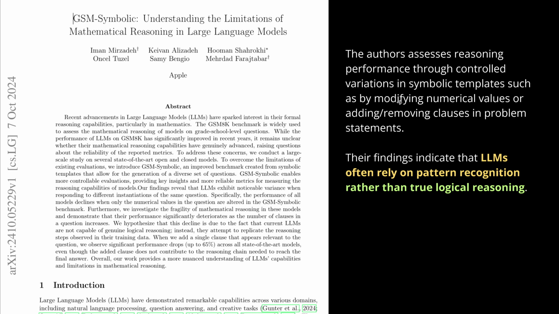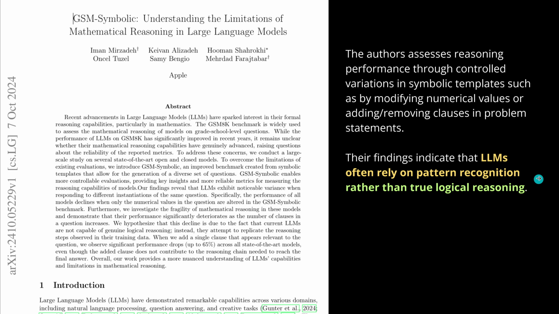Do you remember this one from October 2024 by Apple, GSM Symbolic, Understanding the Limitations of Mathematical Reasoning in Large Language Models? Their findings indicate that LLMs often rely on pattern recognition alone, and they are not doing true logical reasoning. They just discover a pattern and find an answer in their training data to this particular pattern, and they understand nothing.